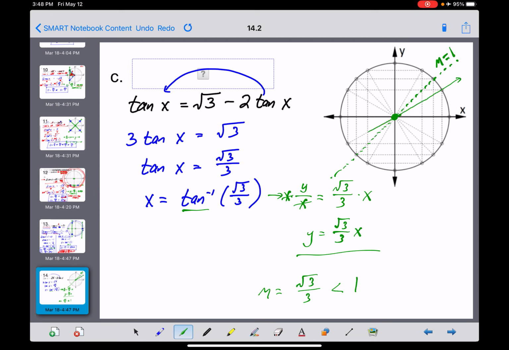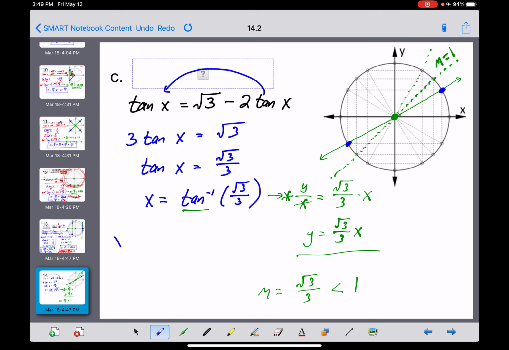That's the only line here passing through the origin with a slope of positive root 3 over 3. It's got to be smaller than 1. This line right here is steeper than that 45-degree line. It's got a slope that's actually greater than 1. So the only two solutions I'm looking at are this one right here and this one right here.